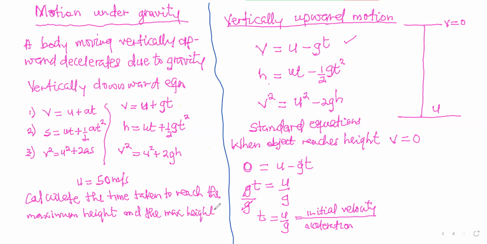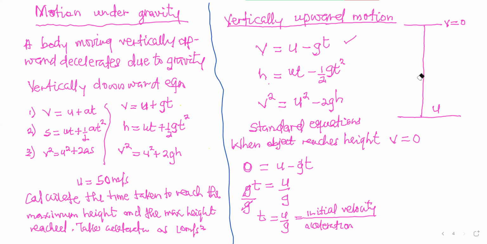So the first one is about the time, and then the second question is about the vertical height it could reach. Take acceleration due to gravity to be 10 meters per second squared.